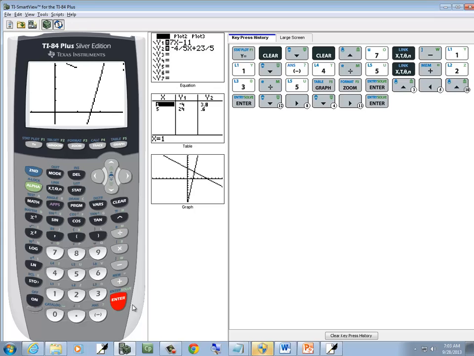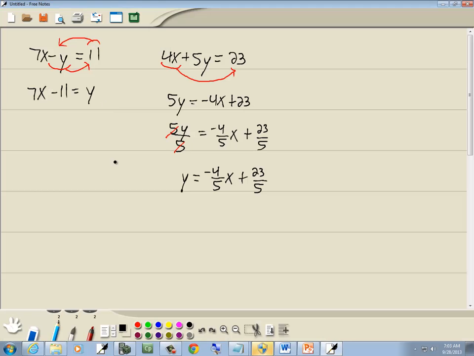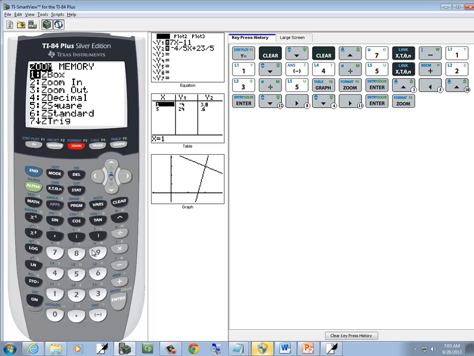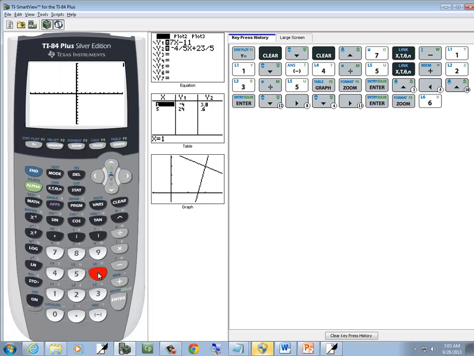Now it'll zoom in on just that part. And I see that I got 2, 3 is my answer. Now, to set my zoom back, I press zoom and choose 6 for Z standard. And that'll set it back.